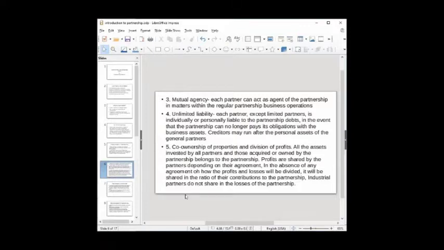In the absence of any agreement on how the profits and losses will be divided, they will be shared in the ratio of their contributions to the partnership, while the industrial partners do not share in the losses of the partnership.